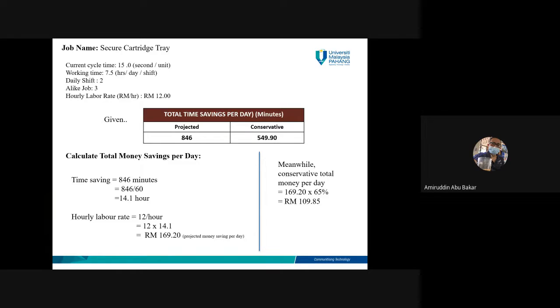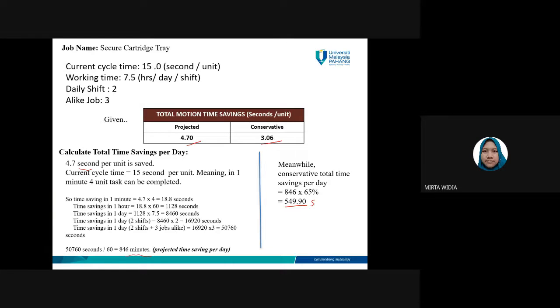Ada soalan. Saya cuba back yang satu calculation belakang. Okay. Yang kita kira 1 hour tu, 18.8 then you times 60 because of 1 hour kan. And then you dapat second, macam mana boleh 60 minutes then dapat second?